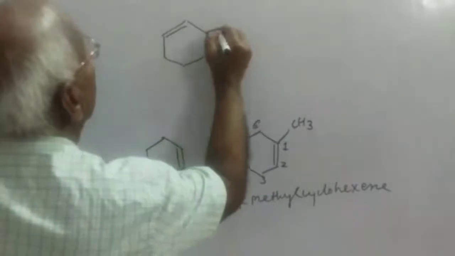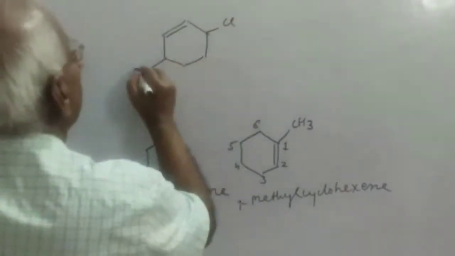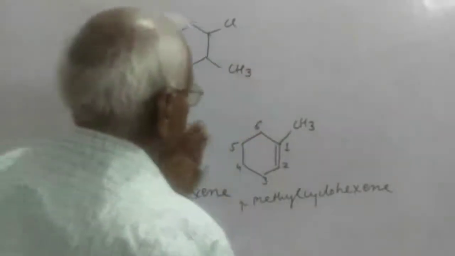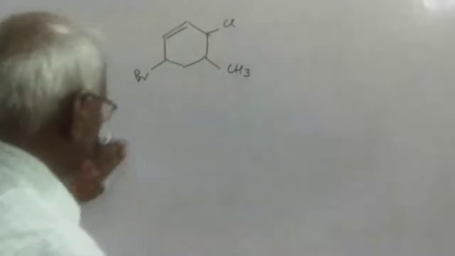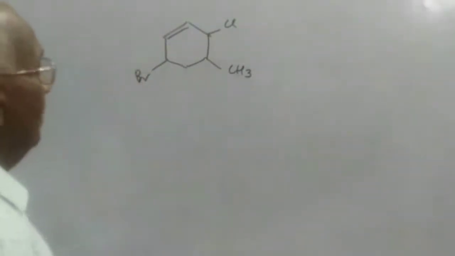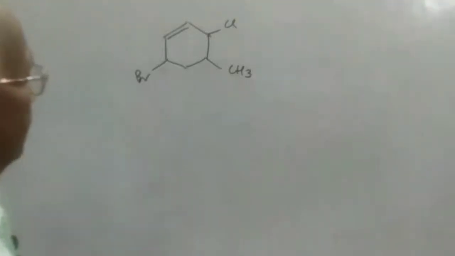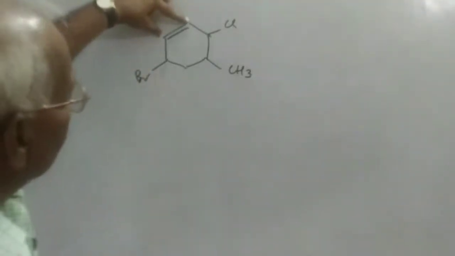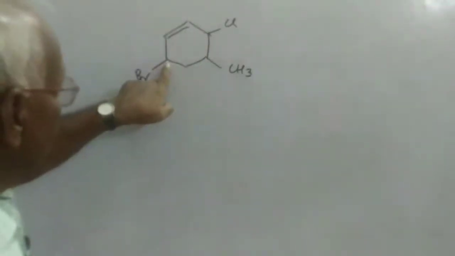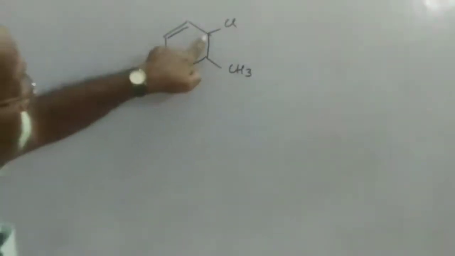If it is Cl, if it is Br, if it is CH3. See, the lowest sum rule is applied. This is the carbon-carbon double bond. This is a substituent and this is a substituent.